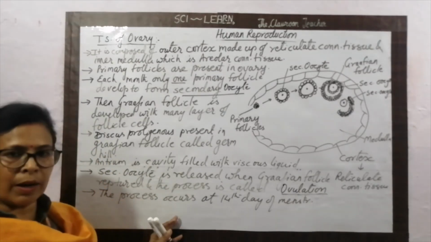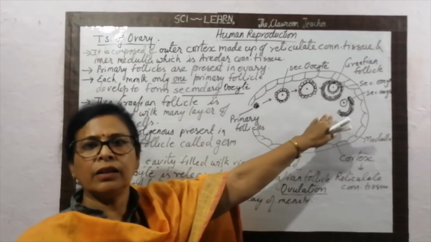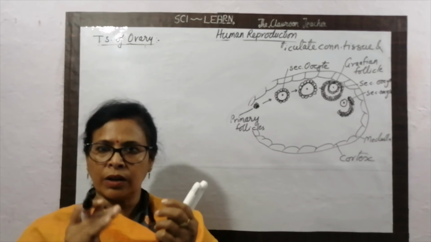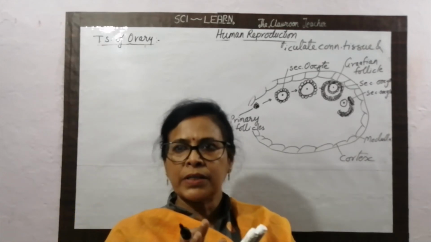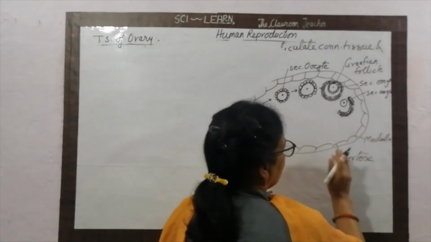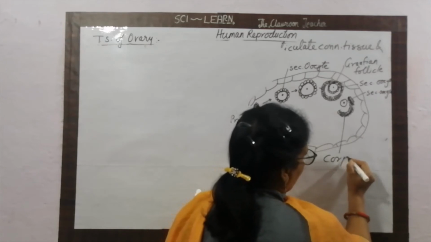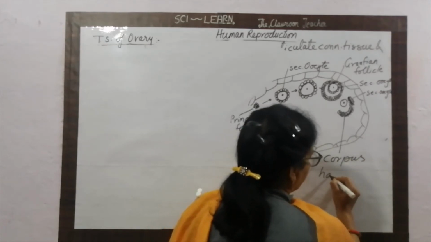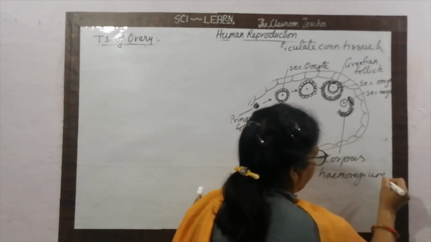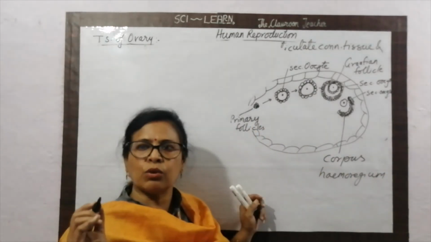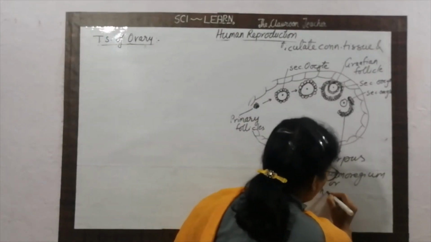After ovulation, what happened? This Graafian follicle starts degenerating in the ovary itself. This ruptured Graafian follicle is called corpus hemorrhagicum, or hemorrhagicum is also called hemorrhagia.